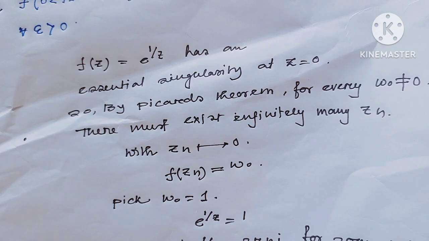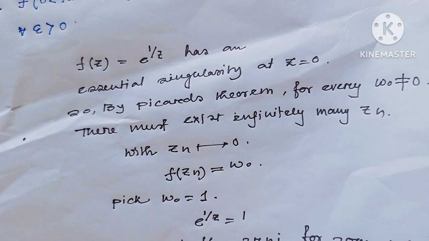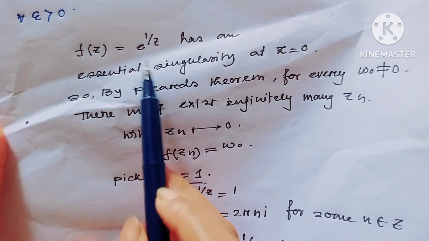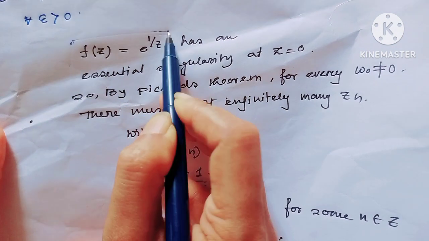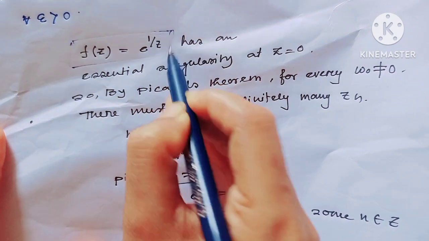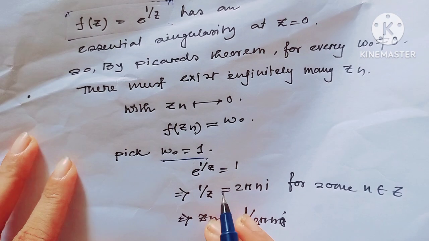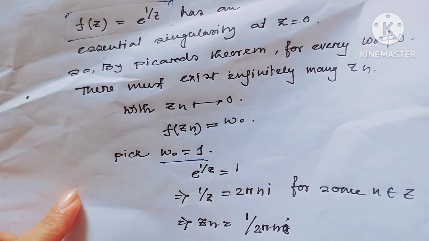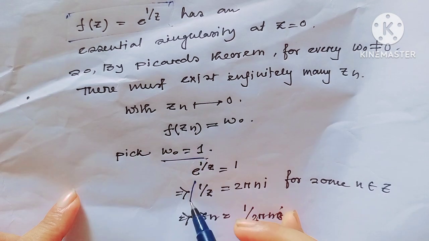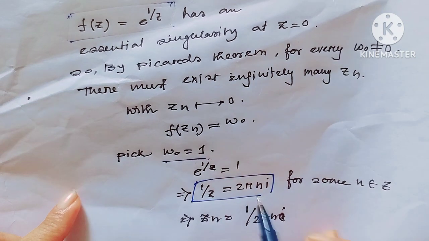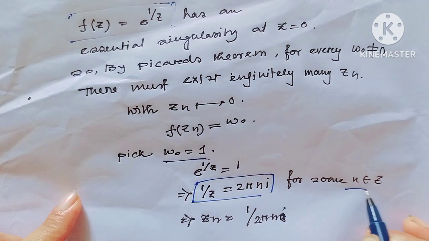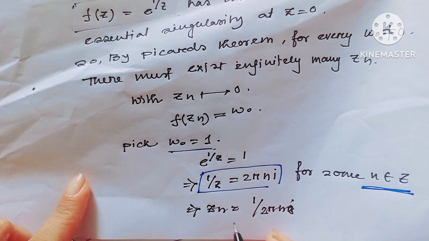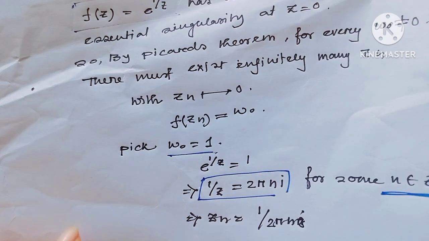Now pick w0 = 1. Since f(z) = e^(1/z), e^(1/z) = 1 implies 1/z = 2πni, true for all n belonging to the integers. That implies z_n = 1/(2πni).